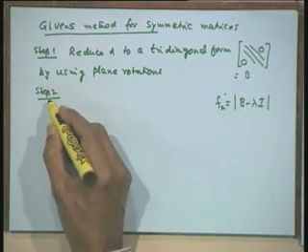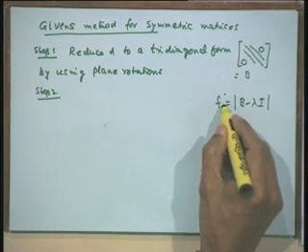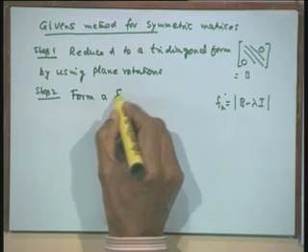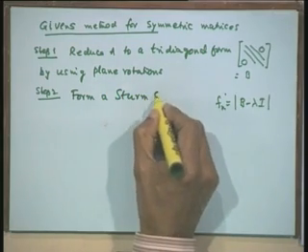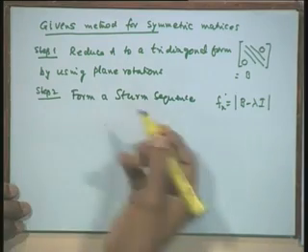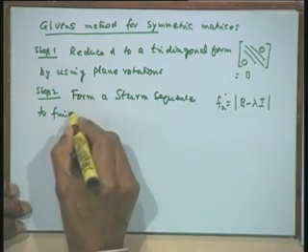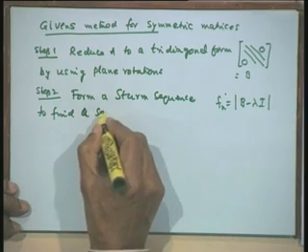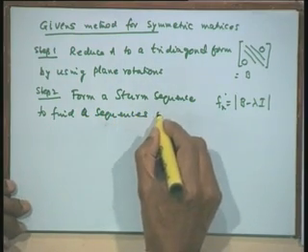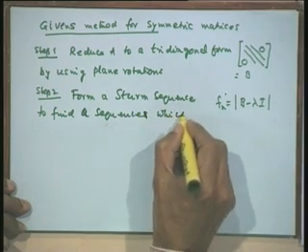Now, in step 2, I will form a Sturm sequence to find a sequence which approaches f n.